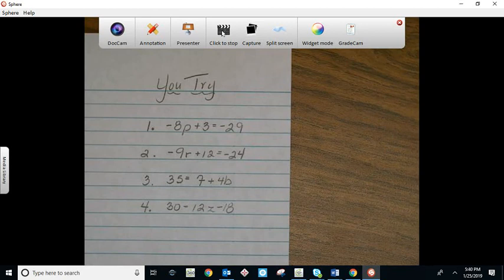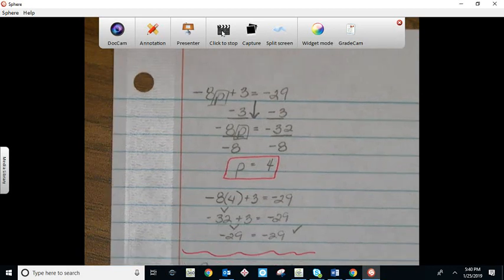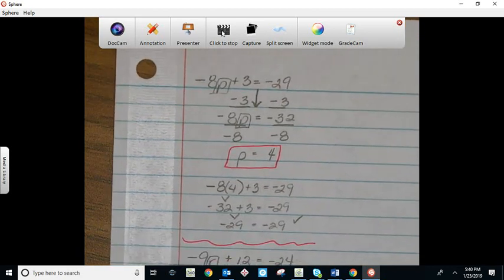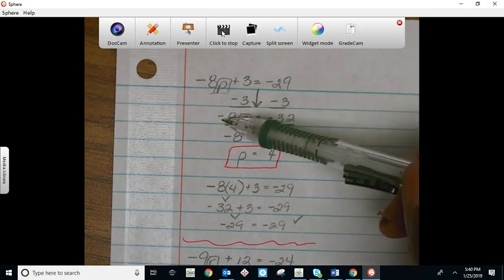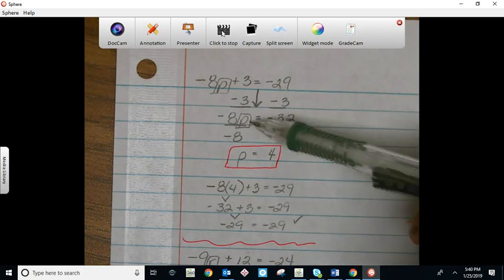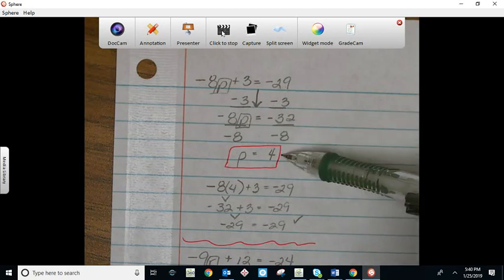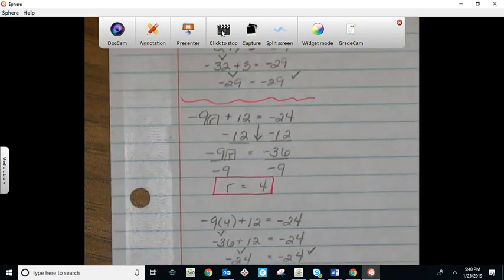Alright, ready? Okay. Now, here's what you were supposed to do. You subtracted first. Then you got negative 8p. Then you divide by negative 8. Negative and negative gives you a positive. We checked it to make sure that we're right. Then you got this one.